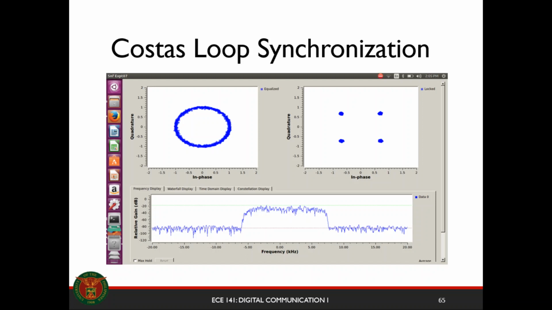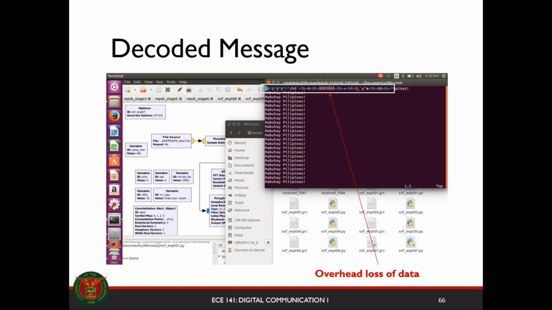If you don't have any Costas loop synchronization, your symbols will just keep spinning forever because of the frequency difference between the two local oscillators. Right? After the Costas loop, your symbols will now be recovered to its original state. Okay? So this is actually an example implementation that I did using the GNU radio.